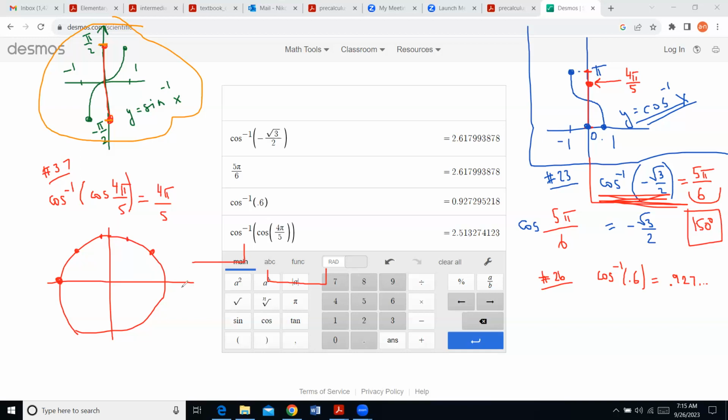It should be symmetric. So if I divide 180 by 5, it's actually 36 degrees. So if I take 4 times 36 degrees, that's 144 degrees.